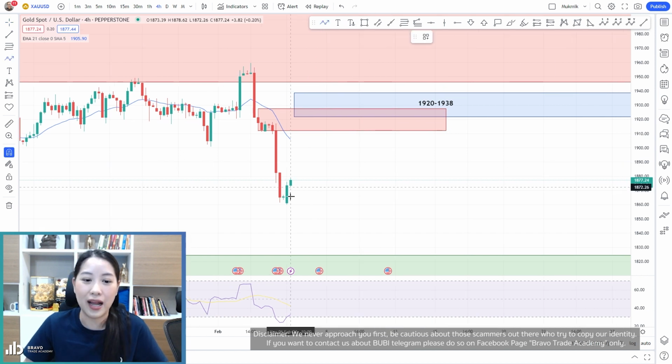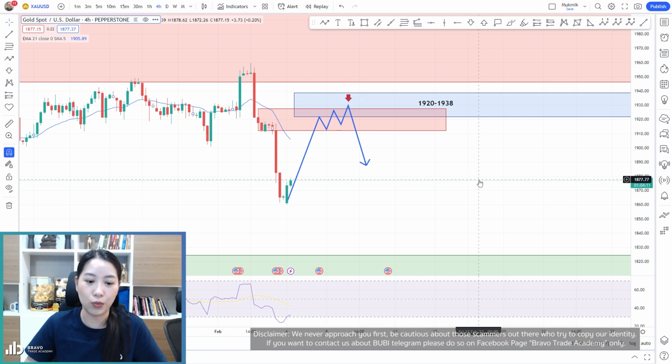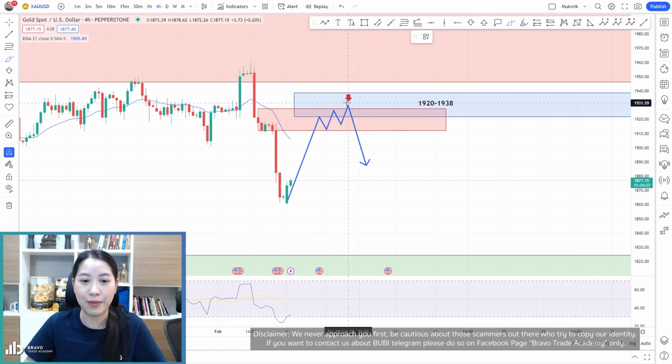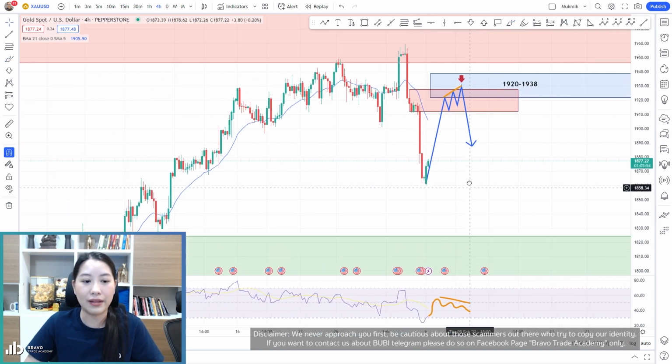Okay, so I will be waiting for selling, but I would need to wait for the classic divergence as well. The price needs to come back up and then make a higher high, like 3 highs or 2 highs at least, but the RSI is not following the price, so it's making lower highs, like so.